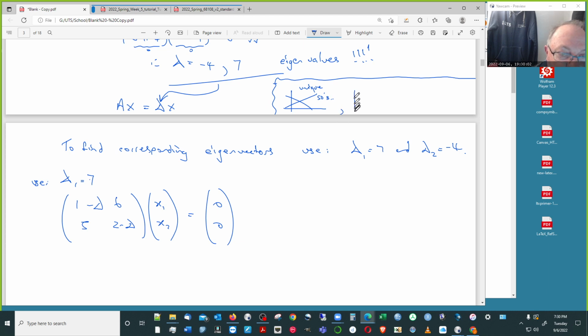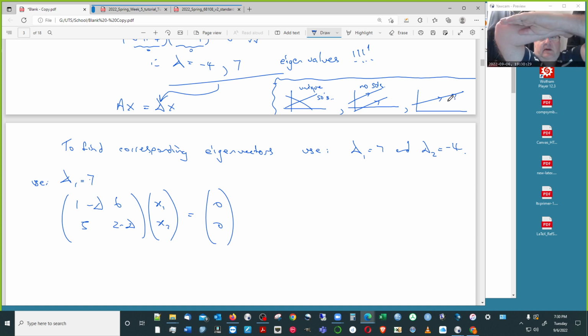If I have parallel lines, they never cross, so there are no solutions. And the final group is where it appears as though it's one line, that is, they're coincident.